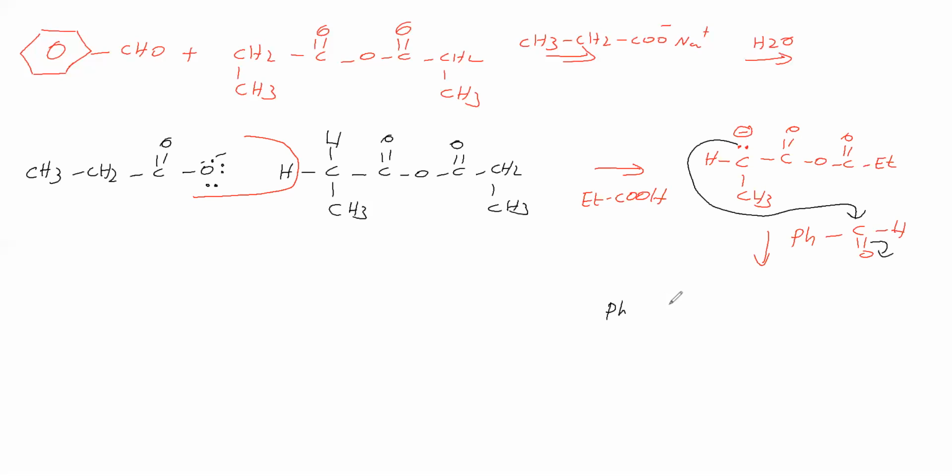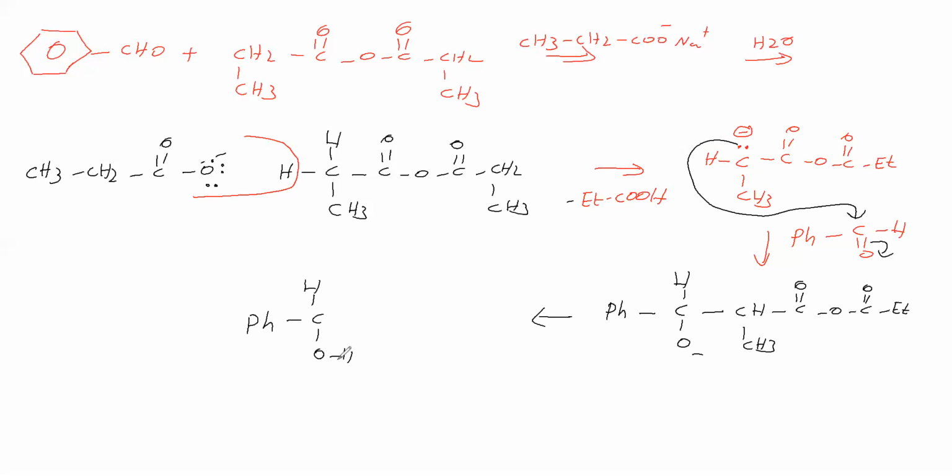So we can get this Ph, CO minus, here H, here we can write CH3, then COO, COEt. Next, this O minus becomes OH by taking H plus from the carboxylic acid. Therefore, it is becoming Ph CHOH, there is CH3.